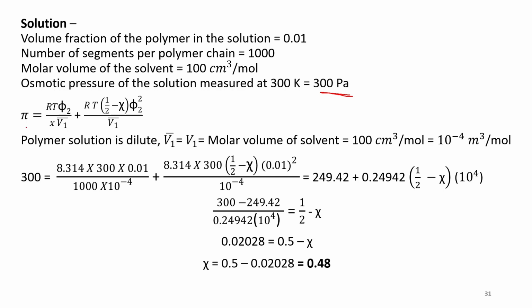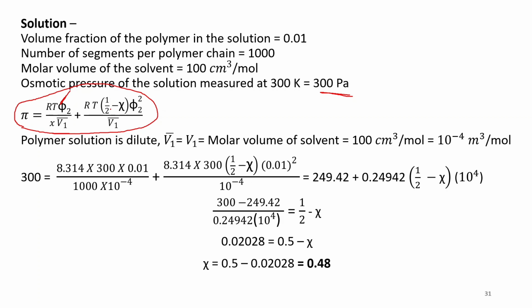We know the equation for calculation of the osmotic pressure, which is osmotic pressure equals RT phi 2, which is the volume fraction of the polymer in the solution, given in the question, divided by x, which is the number of segments per polymeric chain, 1000, multiplied by V1, plus RT multiplied by half minus chi, which we need to calculate, and then multiplied by phi 2 square, the volume fraction of the polymer squared, divided by V1.